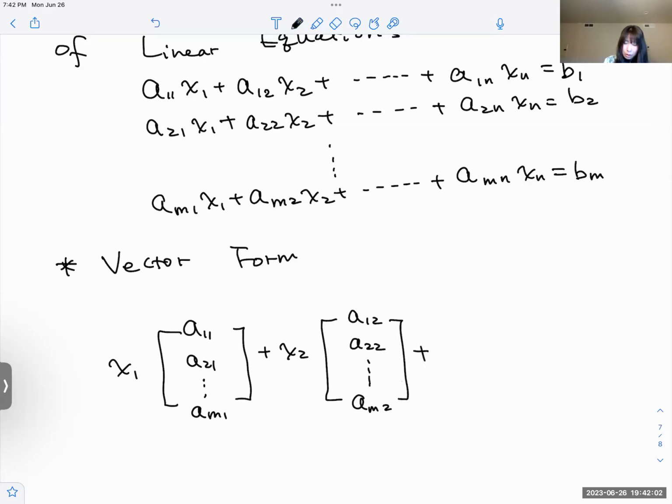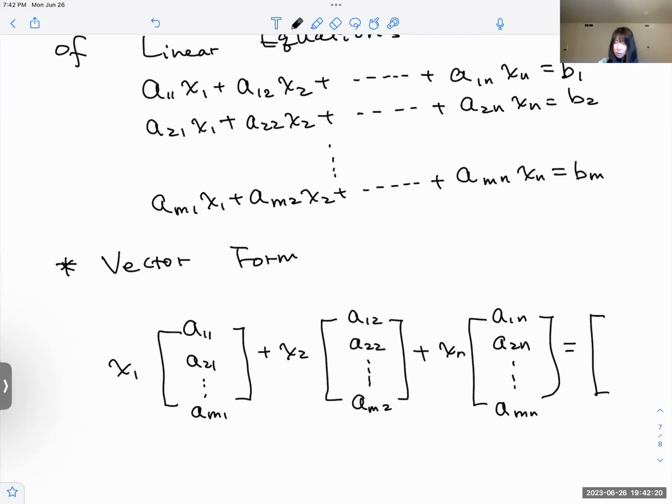Okay, now xn times a1n, a2n, amn, right? Then the last one, the constant matrix, which is b1, b2, bm, a column vector, everything.